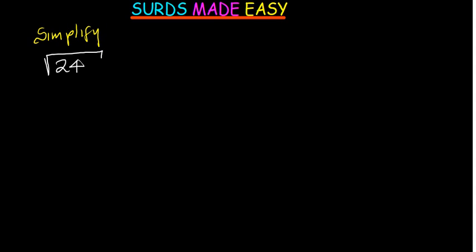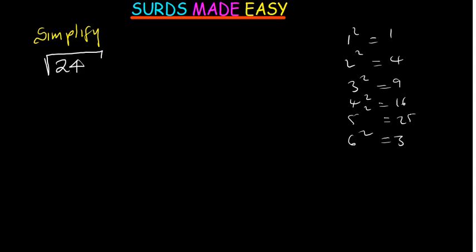What are square numbers? If you write 1, 2, 3, 4, 5, 6 and square these numbers, the numbers you get are called square numbers. 1 squared is 1, 2 squared is 4, 3 squared is 9, 4 squared 16, 5 squared 25, 6 squared 36. So these numbers are called square numbers.